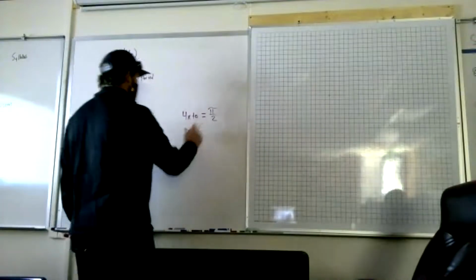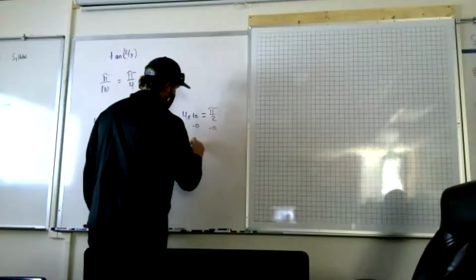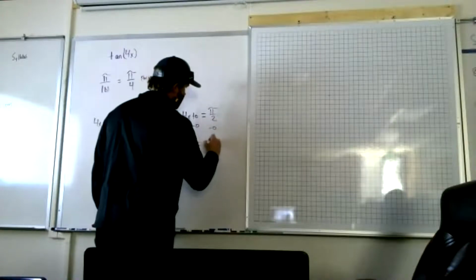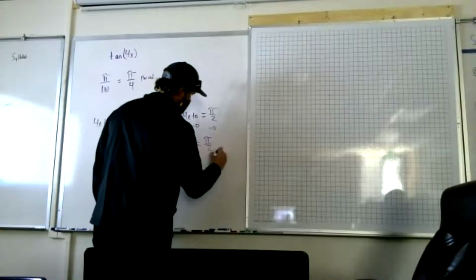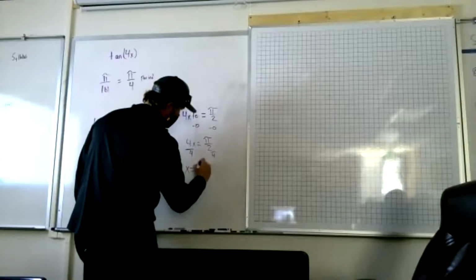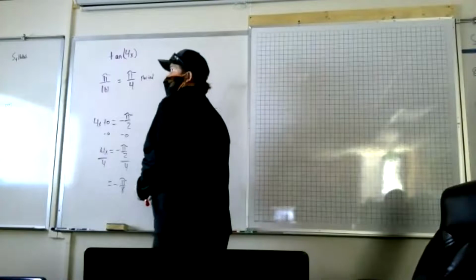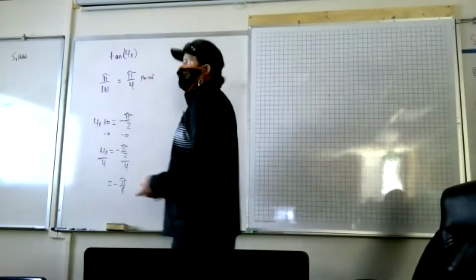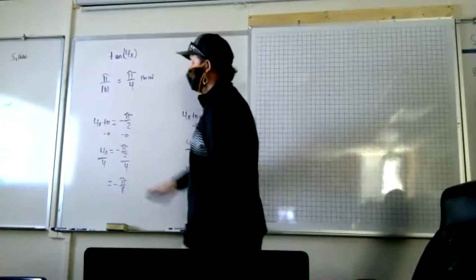Okay, on this side, subtract 0 from both sides. 4x is equal to pi over 2, divided by 4 on both sides, and I get x is equal to pi over 8.